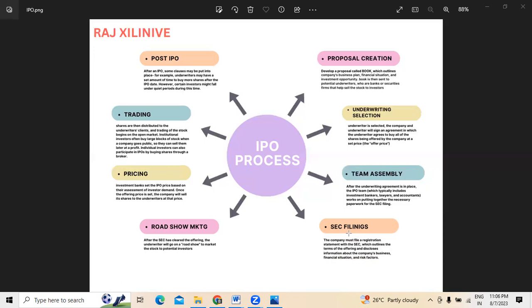Because roadshow marketing is required. For example, you are active investors in the stock market, and for that you are using a financial broking company, some XYZ.